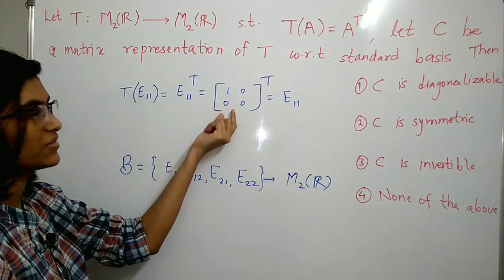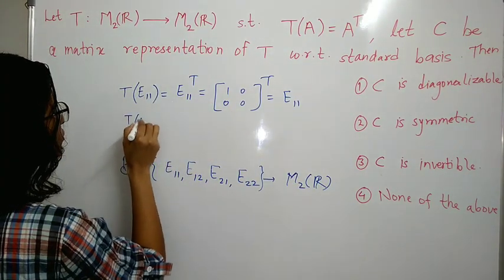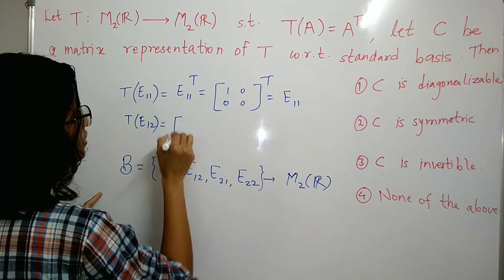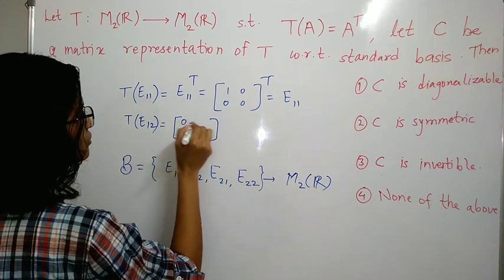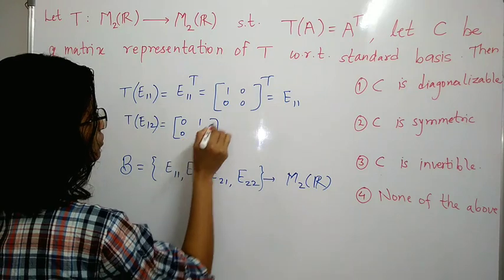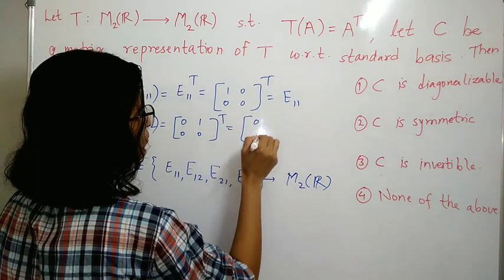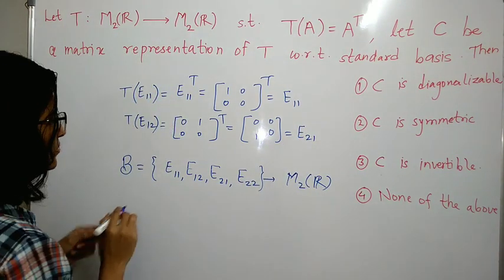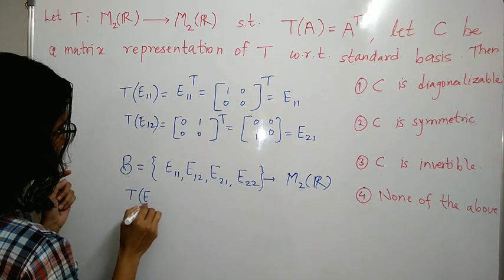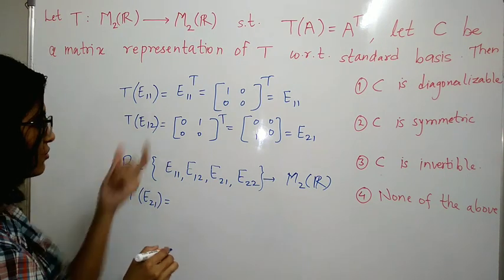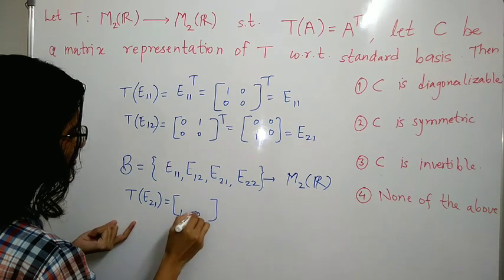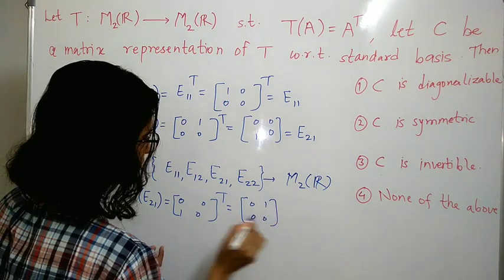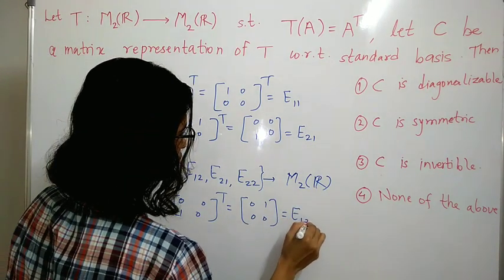Now T of E12, the second basis element, is the transpose of [0 1; 0 0], which is [0 0; 1 0], just E21. Similarly, T of E21 is the transpose of E21, which is [0 1; 0 0], the same as E12.